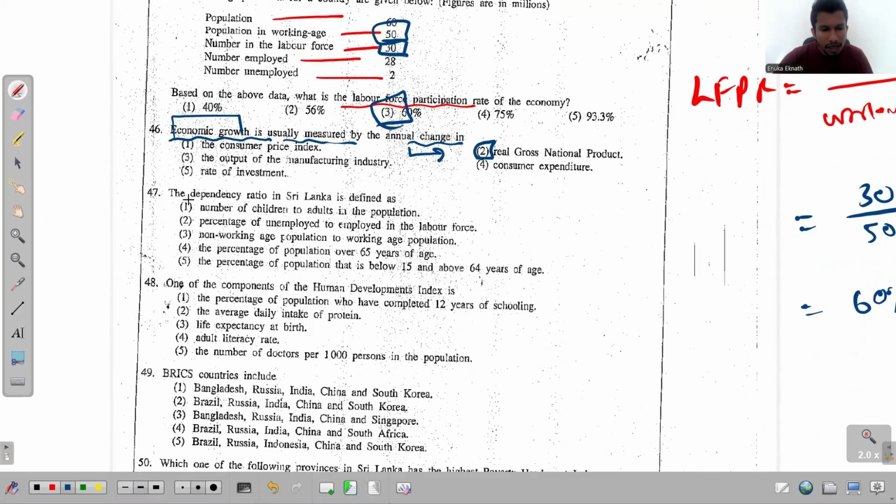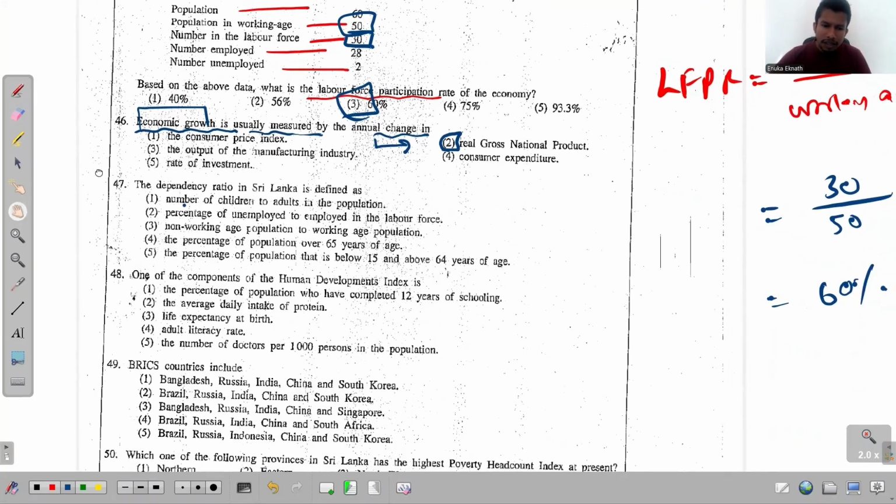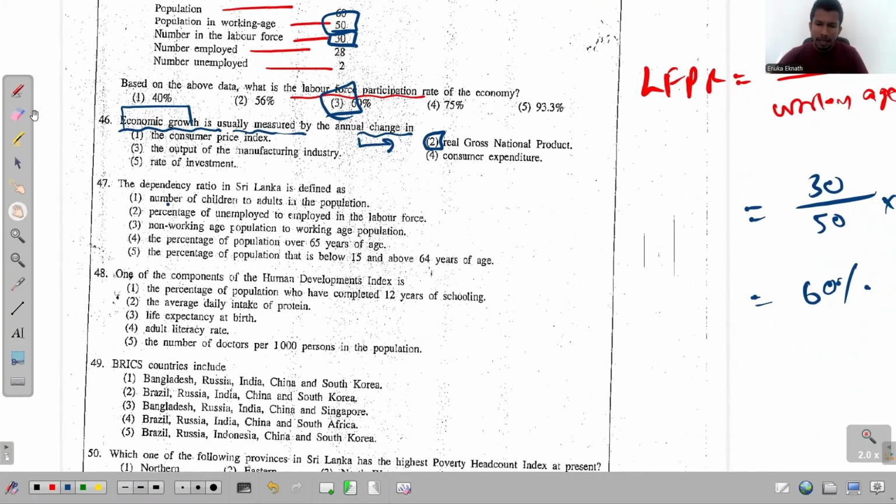Question 47. The dependency ratio in Sri Lanka is defined as. Right. How do we calculate this dependency ratio? We actually calculate two dependency ratios. එකක් තමයි child dependency ratio. The other one is old age dependency ratio.